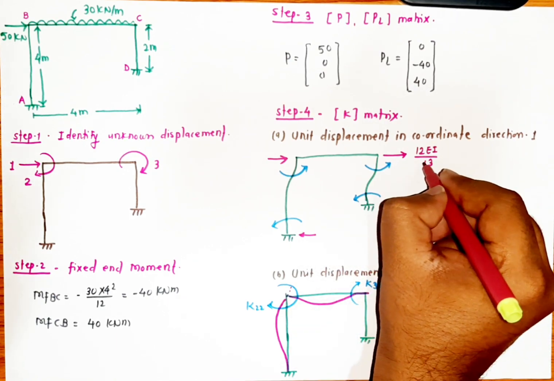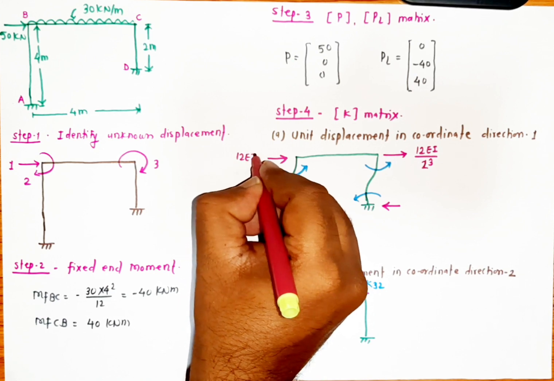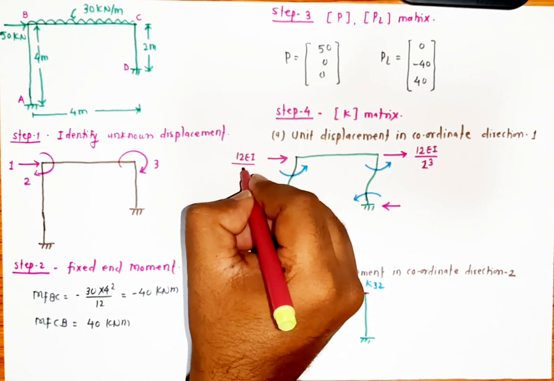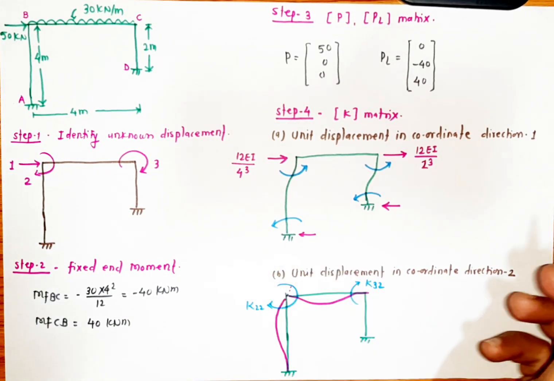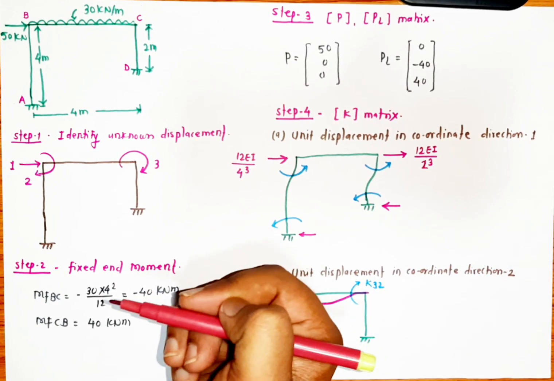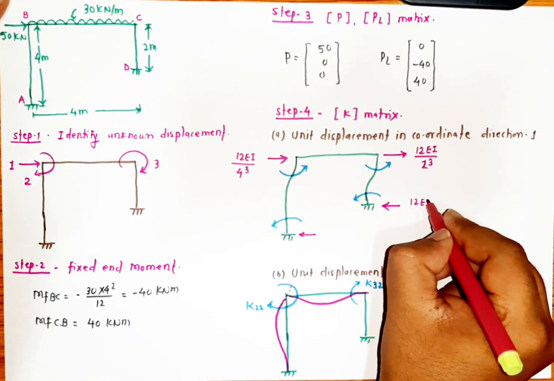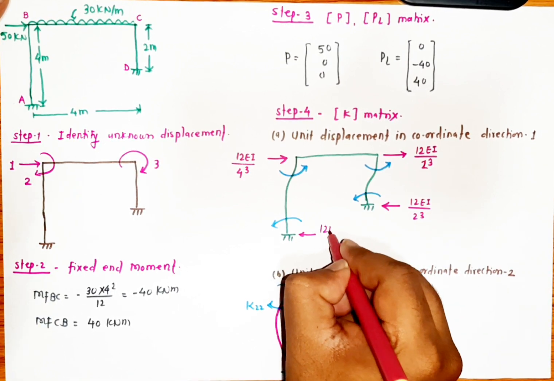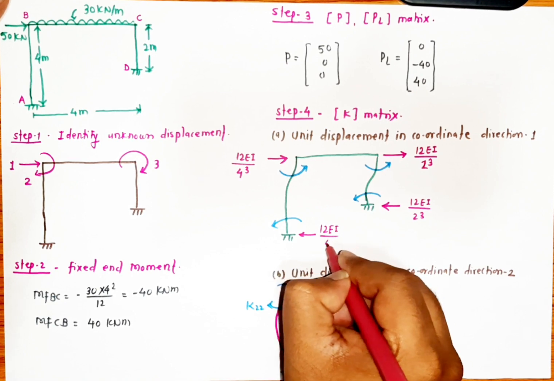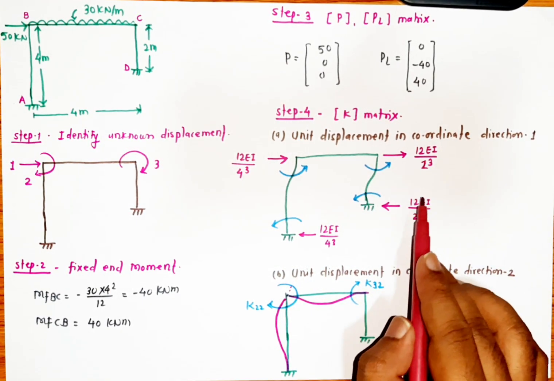So this will be 12 EI divided by 2 cube, and here 12 EI divided by 4 cube, the horizontal displacement value. This will also be reversed for stability, so again 12 EI divided by 2 cube and 12 EI divided by 4 cube. These values are nothing but 12 EI upon L cube.